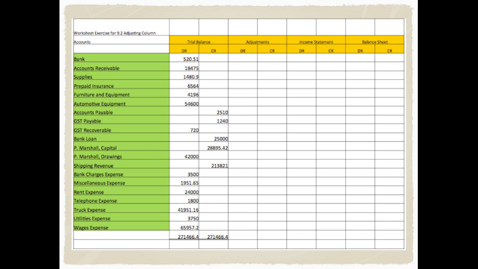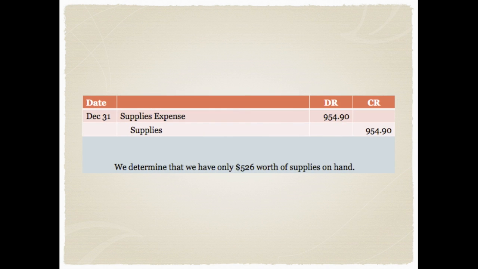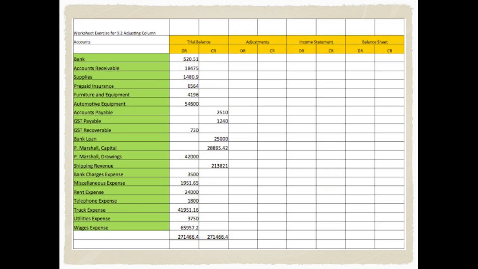Here's how we work it. So after you see the trial balance, there are these 2 columns that have adjustments under it. So that's what we're working with right now. So you see the supplies here, you have $1,480.90 worth of supplies.